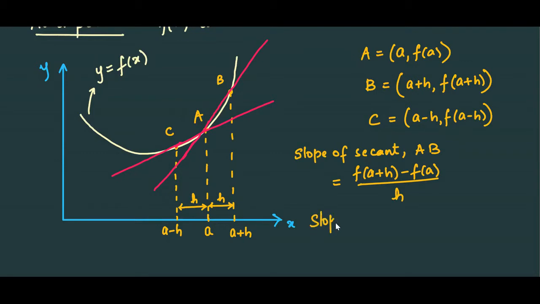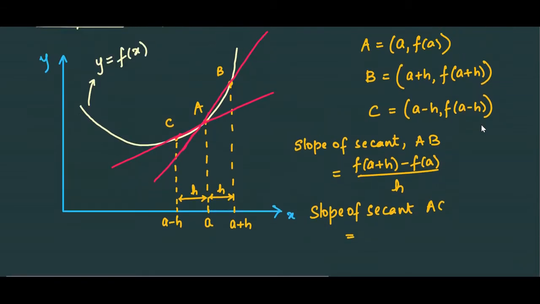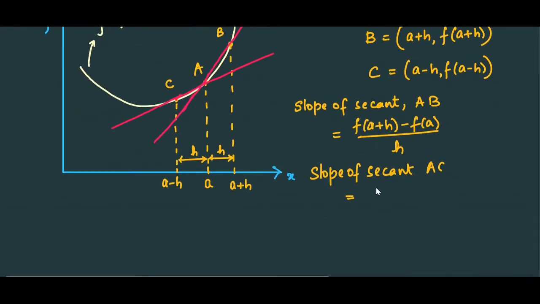What is the slope of secant AC? Slope of secant AC, A and C. So we get f of a minus h minus f of a by a minus h minus a, that will be minus h.